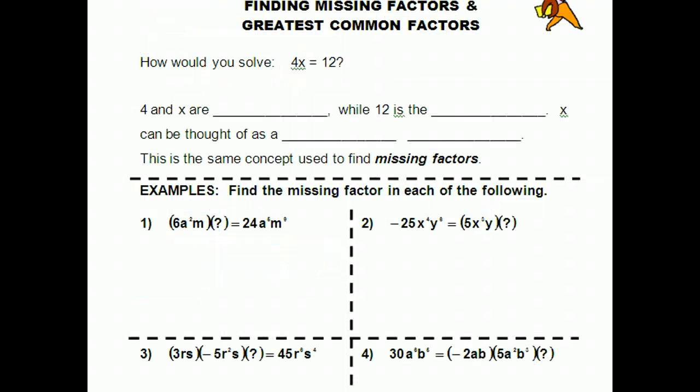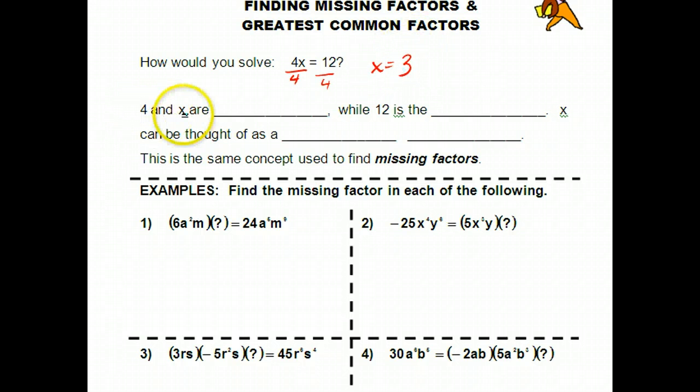So that dividing is going to help us out with our next part of the lesson, which is finding missing factors and greatest common factors. So let's start with something really simple, and something you already know. If I go to solve 4x is equal to 12, everybody in the room knows that I'm going to divide each side by 4 to find that x. So that's going to leave me with x is equal to 3.